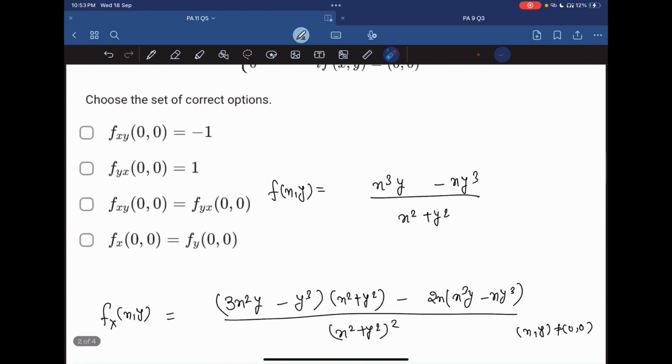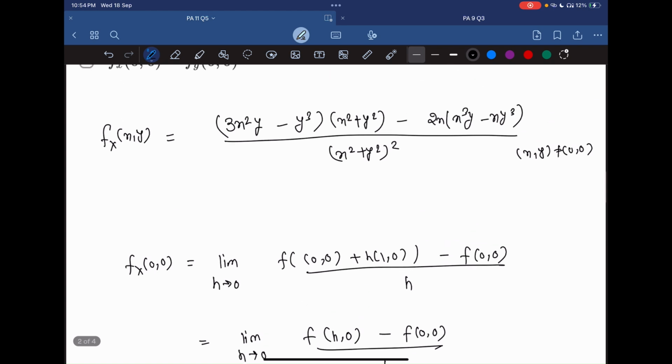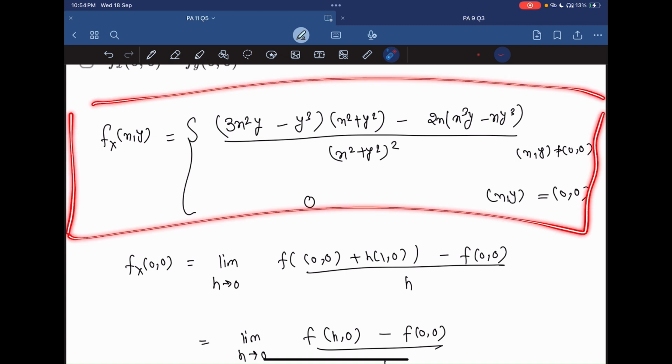In the function (x cube y minus x y cube) divided by (x square plus y square), as y is 0, the whole numerator becomes 0. So f(h, 0) is 0, and 0 by h gives us 0. So the limit turns out to be 0. So the partial derivative with respect to x of the given function f at the point (0, 0) is 0.